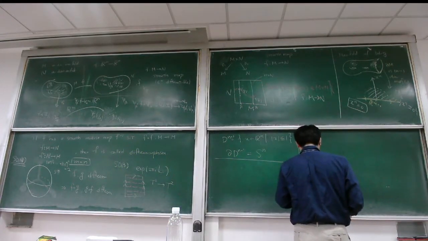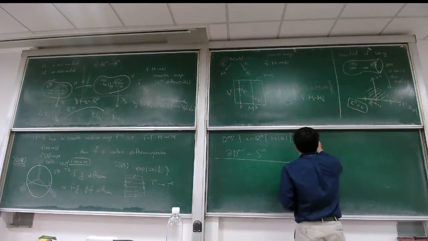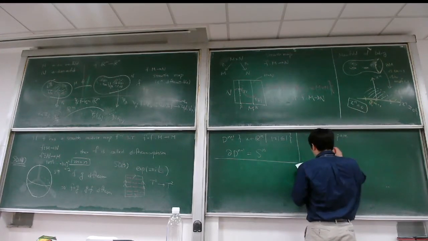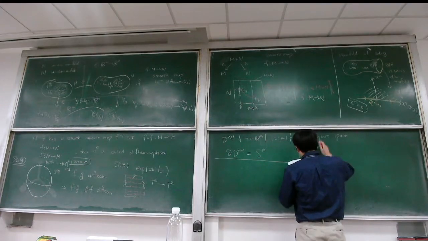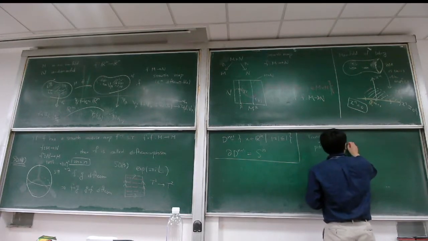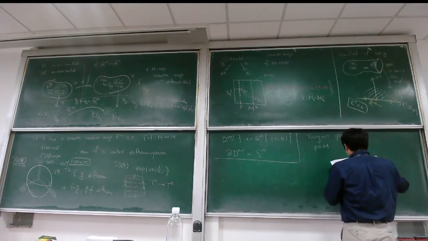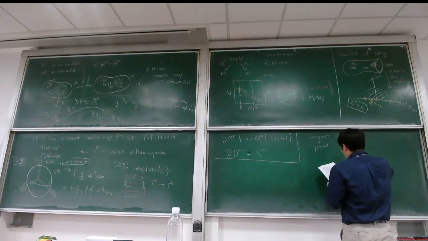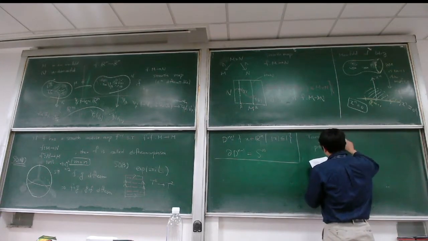Given a point P, where M is the manifold, as we assume, pick a point P. First, let's consider the tangent vector.